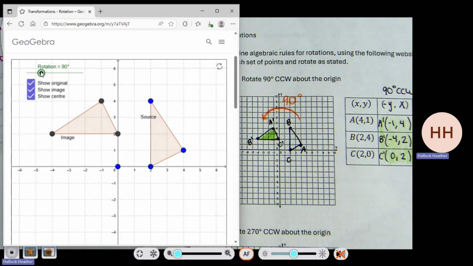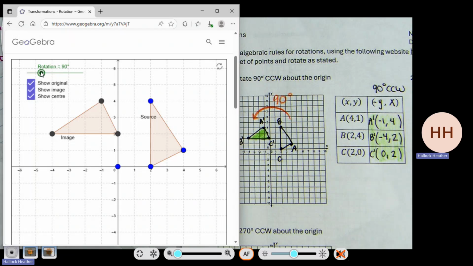Okay, I'll leave it here for a second. For your online program, I think it's easiest if you just refresh this so it goes back to the original. So refresh this little button. And then start from scratch. You're going to move your origin to 0, 0.